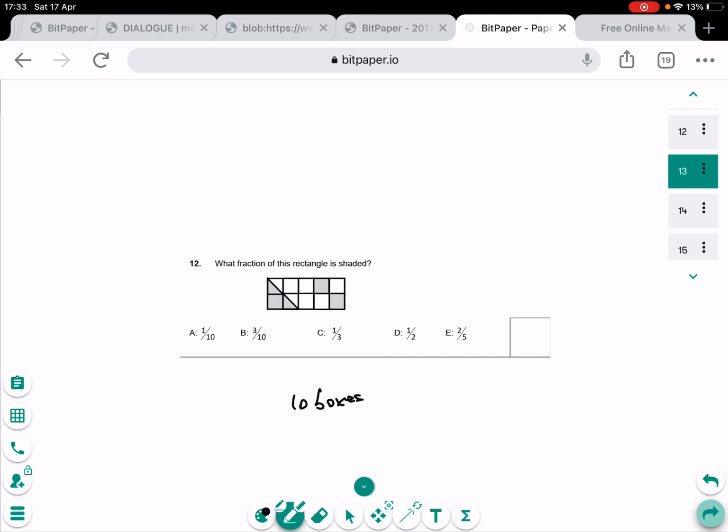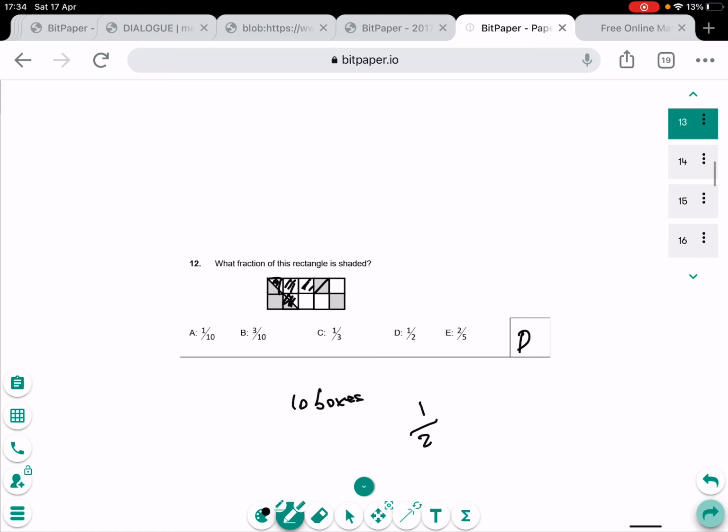But you can fit this bit into that bit, so that bit's shaded, and so that's 1/2, because it has 5 and 10, so it's 1/2. So the answer to this question is D.